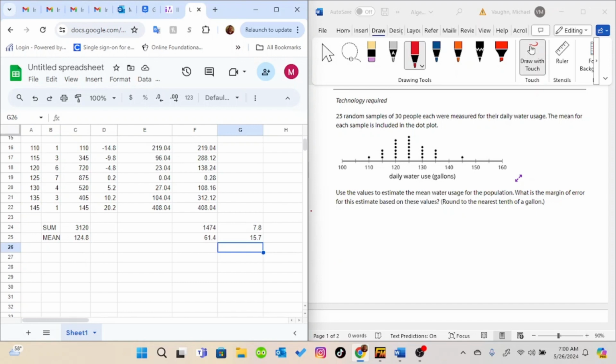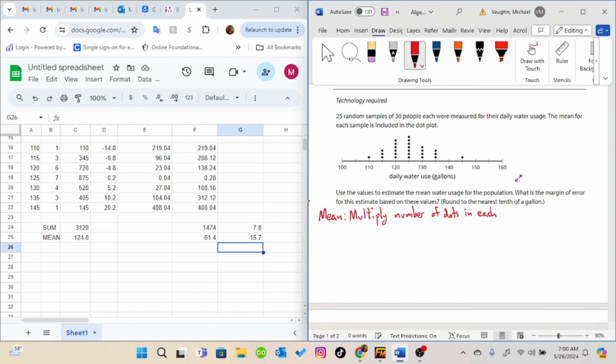So, first I needed to find the overall mean. What I did was I took each of the values that had dots and I multiplied by how many dots there were. So, multiply the number of dots in each value by the value, and I added them together.